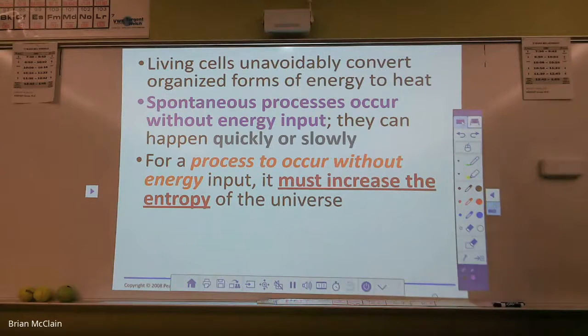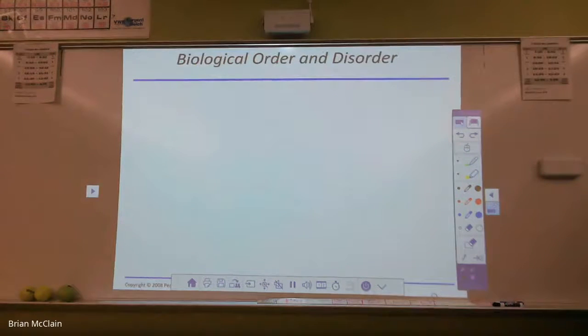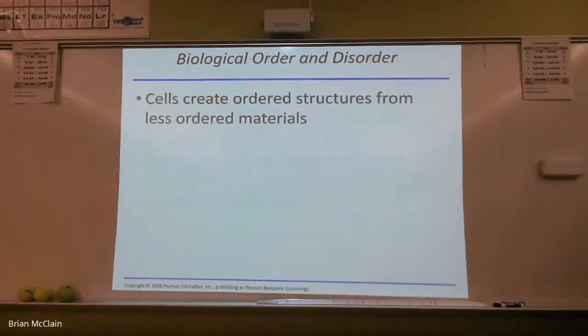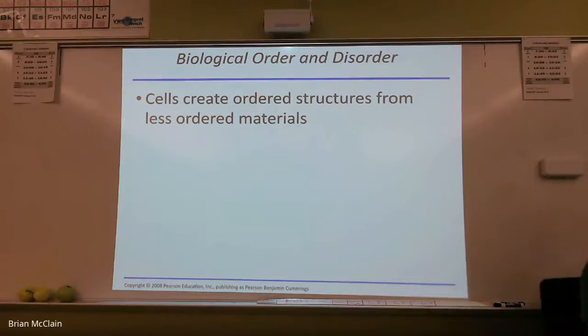I know the concept itself is a little bit confusing, but the progression of order and disorder, as we wrap this up, says cells create ordered structures from less ordered material. Think about the order that a cell has.